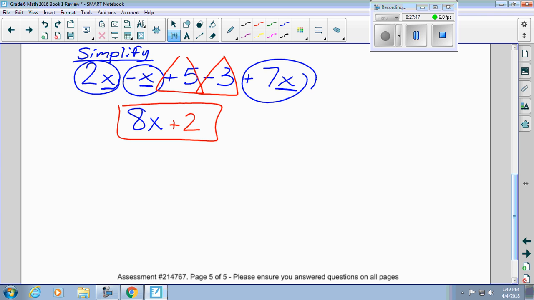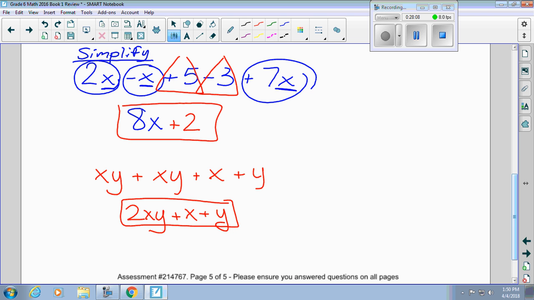So you can only combine things that have the same exact set of variables. You can only combine xy's with xy's, but not with just x's and not with just y's. In this case, you'd have 2 xy's plus an x plus a y. That would be another example.